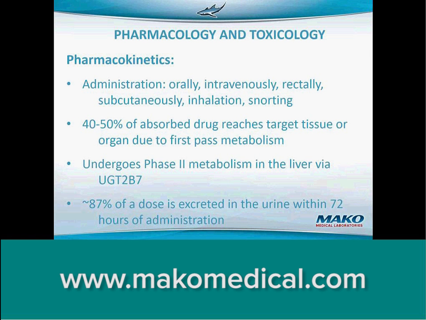Morphine is metabolized primarily into morphine 3-glucuronide and morphine 6-glucuronide via glucuronidation by phase 2 metabolizing enzyme UGT2B7. Most of morphine is processed and eliminated from the body in urine, where 87% of the dose is excreted within 72 hours of administration.